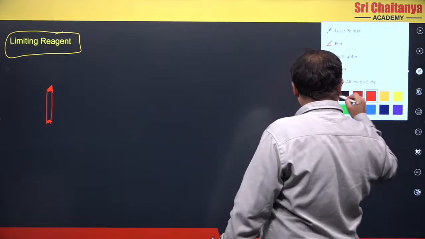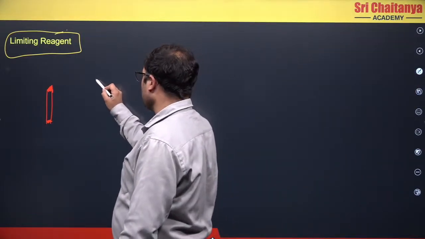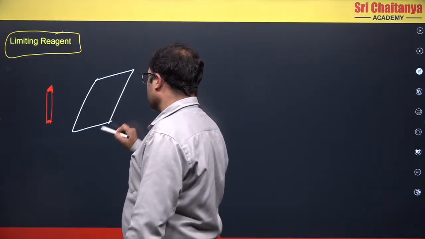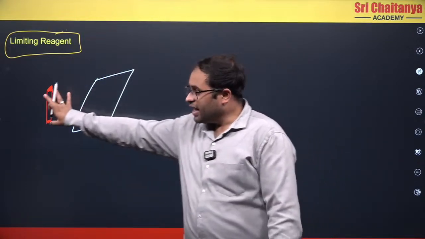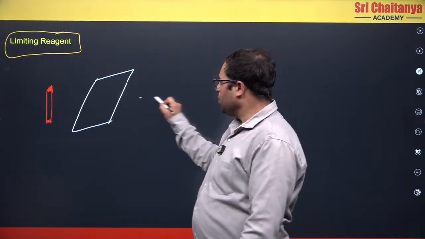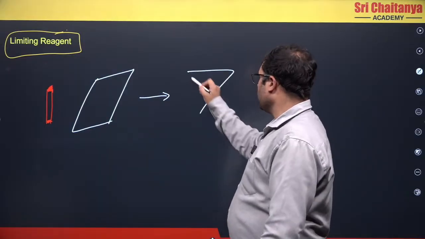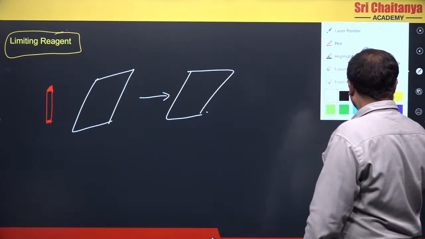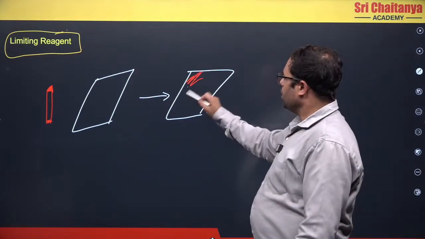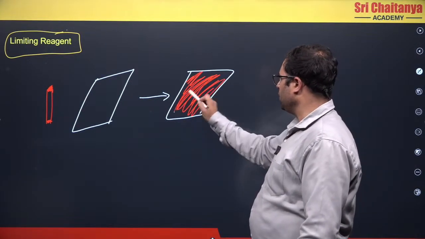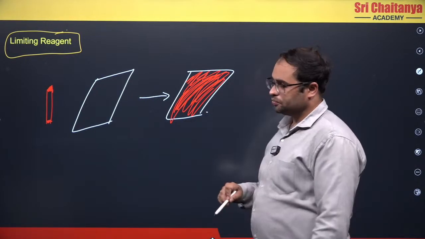And I have to put this red crayon on a piece of paper. I have to color this piece of paper red. So a red crayon with a white paper will give me one red colored paper, right?